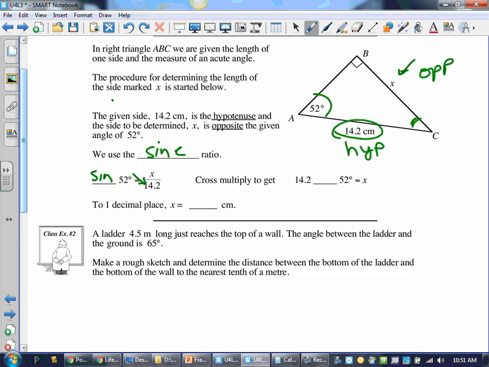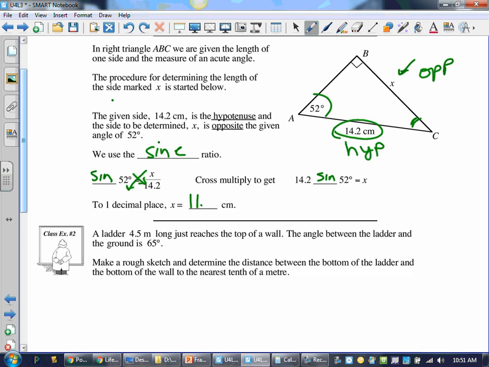That goes on one side of the equal sign. This goes on the other. So I'm going to put sine of 52 here. And when I do that, I type in sine 52 and then I times that by 14.2. I get 11.189. Now I'm looking back to see how I'm supposed to record my answer.